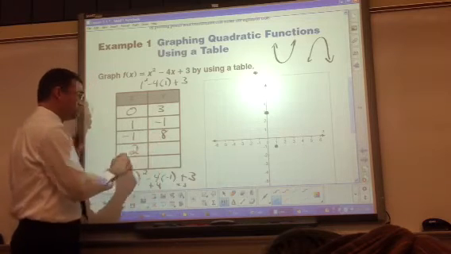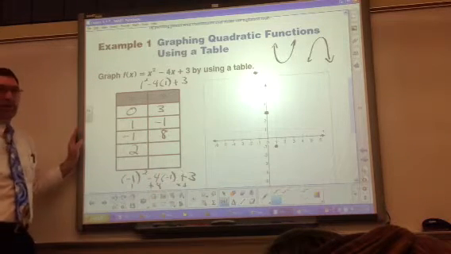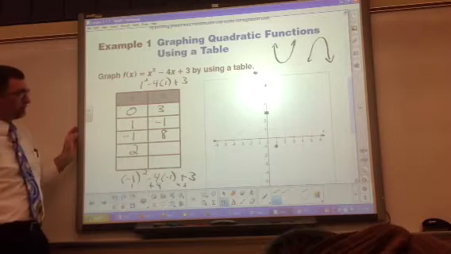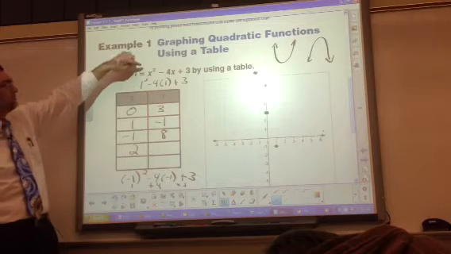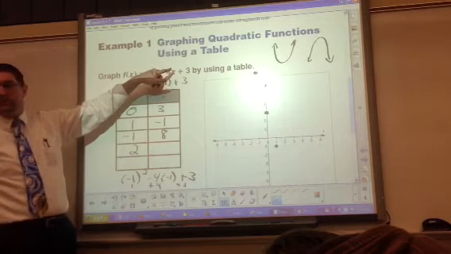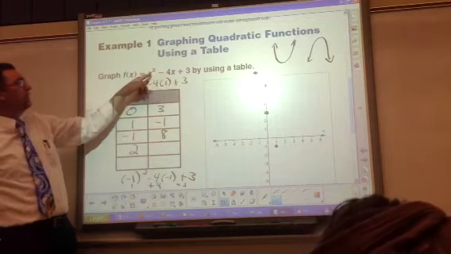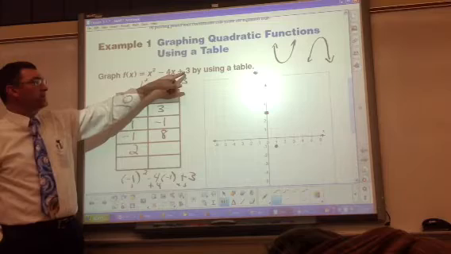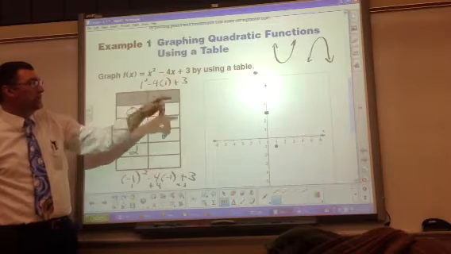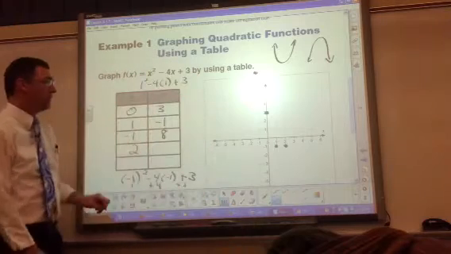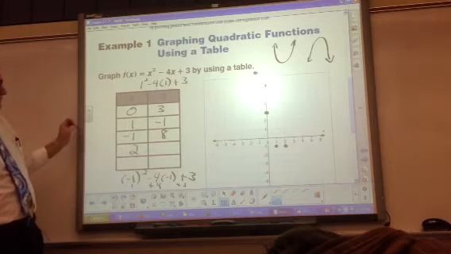All right, so let's pick +2. What do we get when we put +2 in there? Let's see, 2 squared is 4. Okay. 4 times 2 is 8. So 4 minus 8 is -4, and -4 plus 3 is -1. Okay. It's supposed to be 0, the second one.